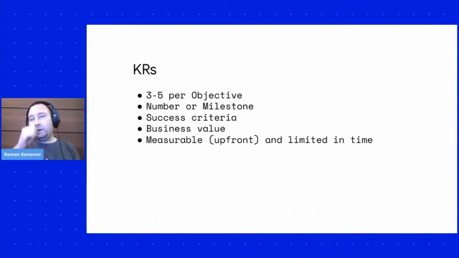And in this case, you have to know and you have to understand what the numbers are right now and what the numbers are that you want to achieve. So numbers are key results, but it could be not only numbers, it could be a milestone. So for example, improve the user experience of customers who use our product. This is like an objective.